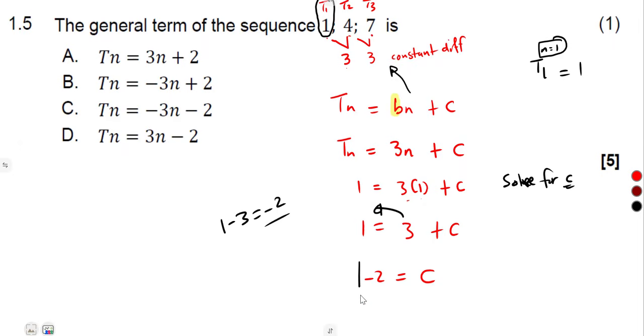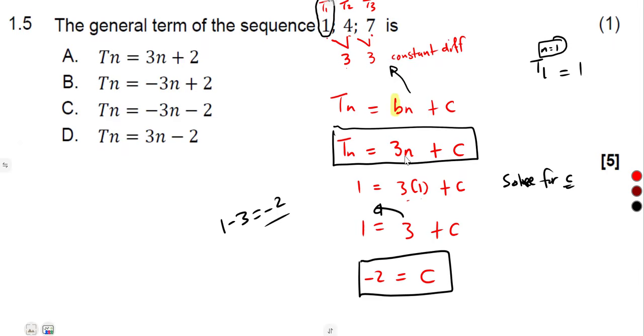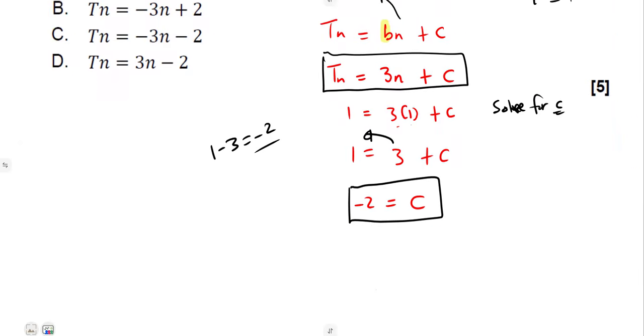So we are going to substitute this in place of C in this part here. Remember, that is where we substituted our n, which is 1, and our Tn, so that we can calculate the value of C. So therefore, we are going to substitute on that part. Our Tn was going to be written as 3n plus C. So that's plus, our C is minus 2.